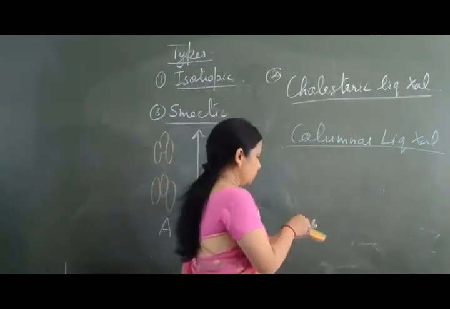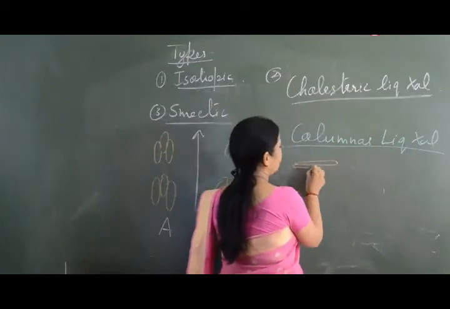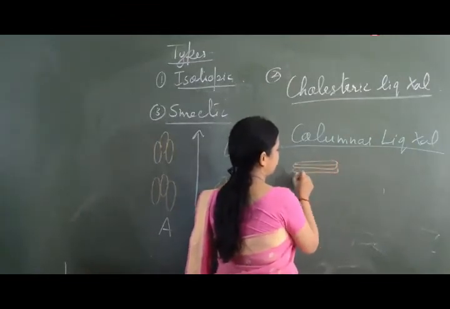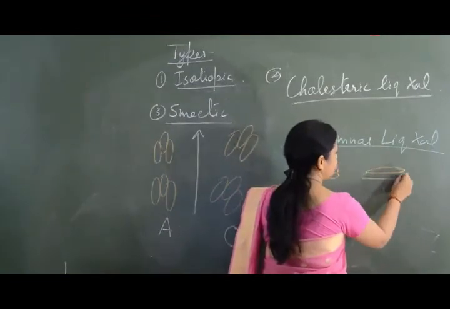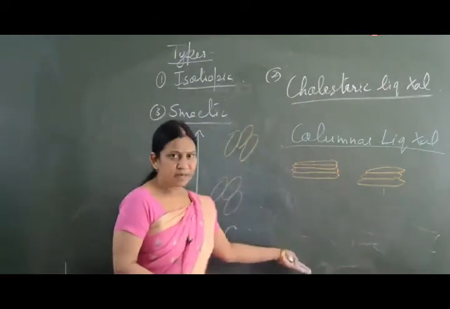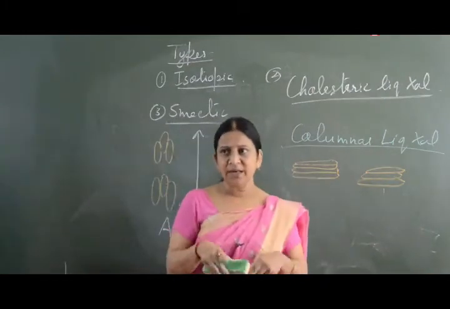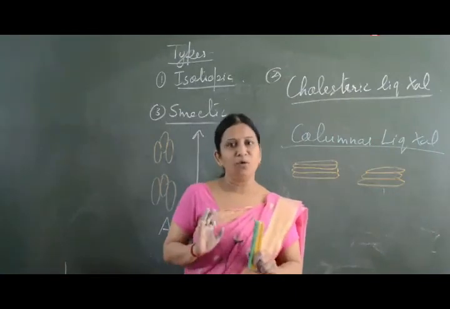But in case of columnar, the molecules are present in the form of discs. That is the basic difference. And the arrangement of discs can vary. It can be present vertically, it can be present hexagonally, but the shape of the molecules is in the form of a disc.